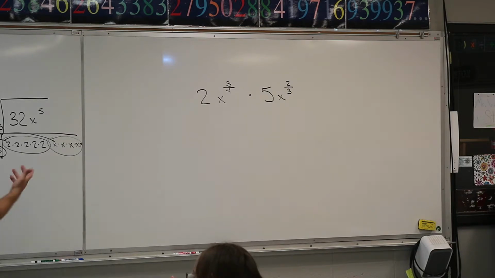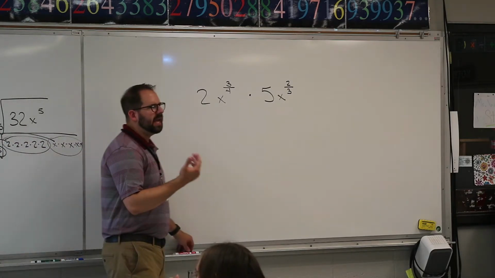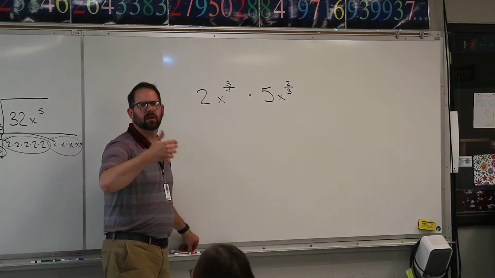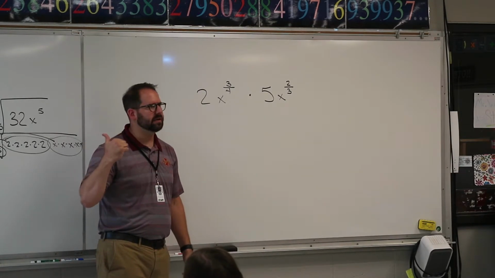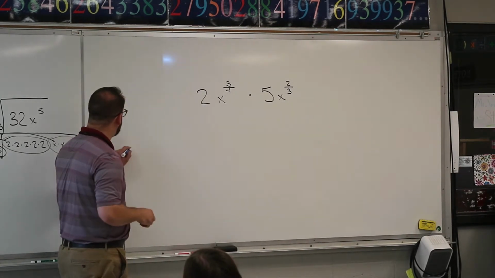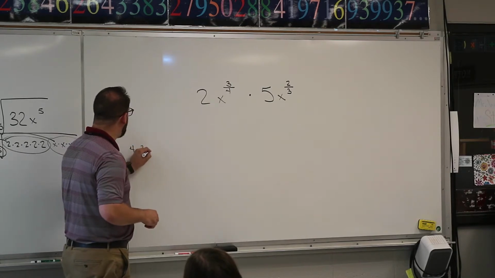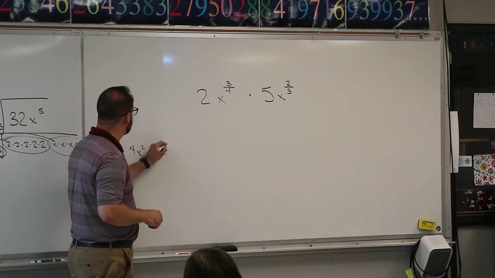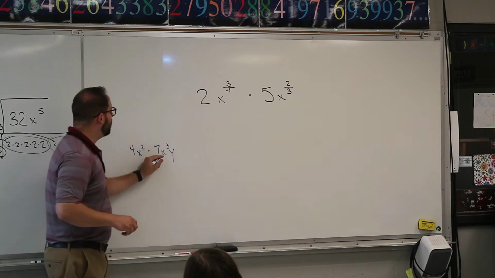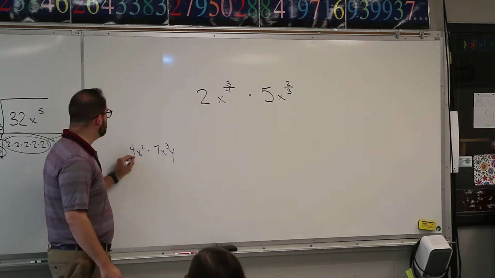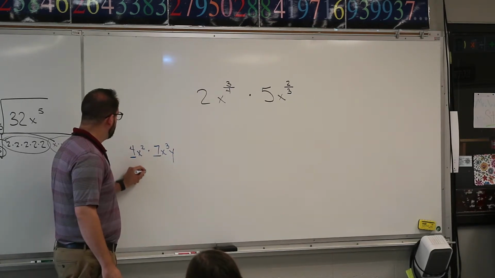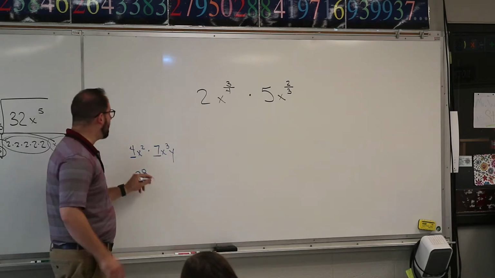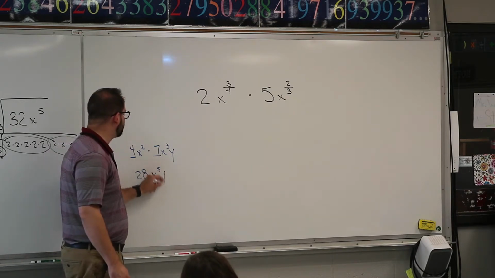What this is actually saying is like a law of exponent problem we did a couple days ago, like 4x squared times 7x to the third power y. When you multiply things together, you multiply the numbers up front, and everything else gets tacked in the back, and you add up all the letters in the back.